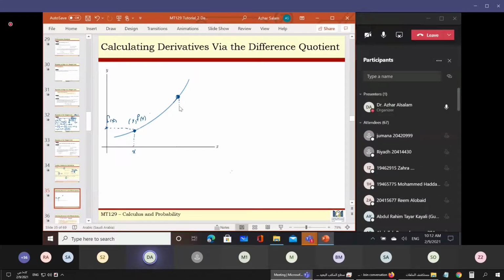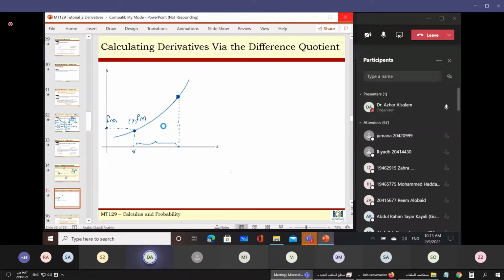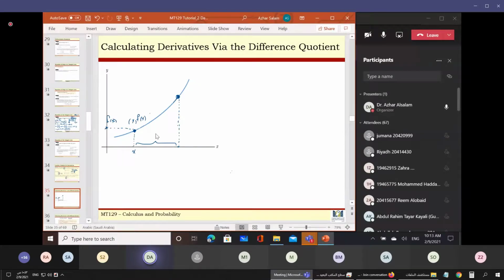This is the point x and f of x. And the second point, if I want to find its x value, it's far from x by this distance, which could be a space measured by h. The length is h.